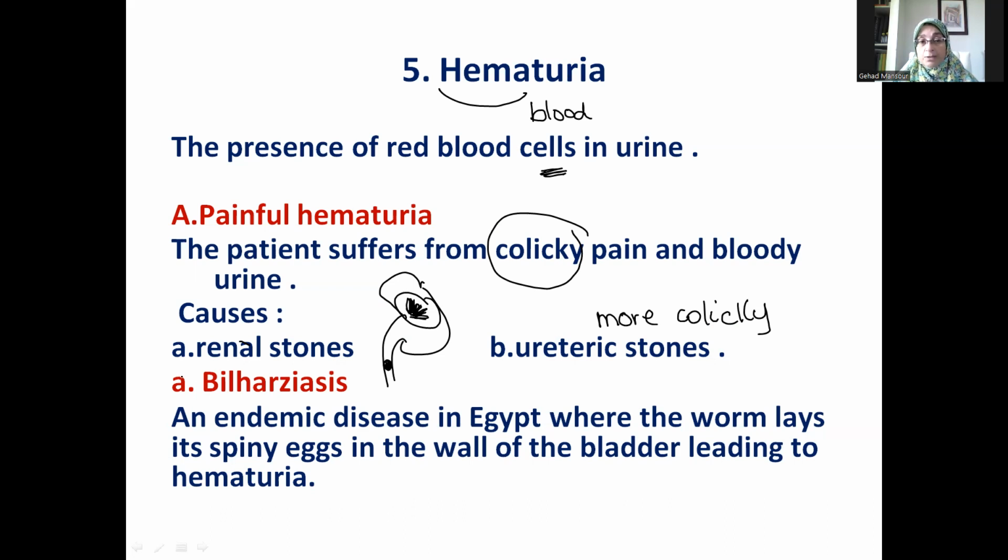And bilharziasis then would be letter C. I'm sorry, this is not letter A. And bilharzia is a disease that is endemic in Egypt, and it is transferred to the person via polluted water when the water contains a worm-like structure called cercaria, which is one of the stages of the life cycle of the bilharzia worm.